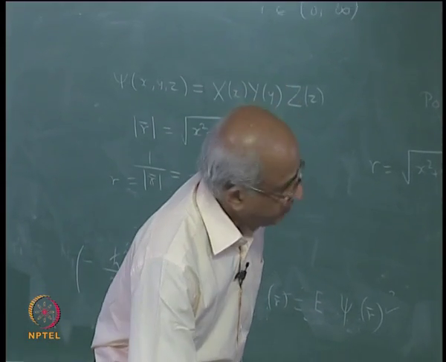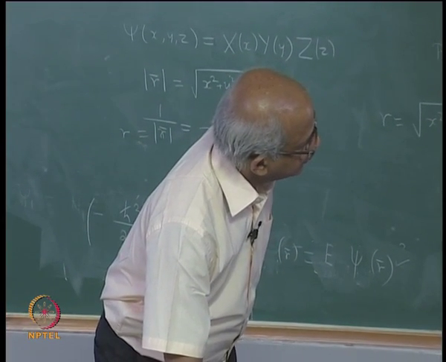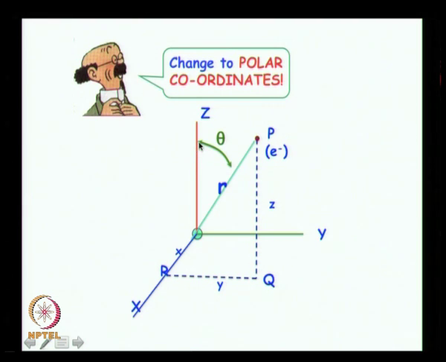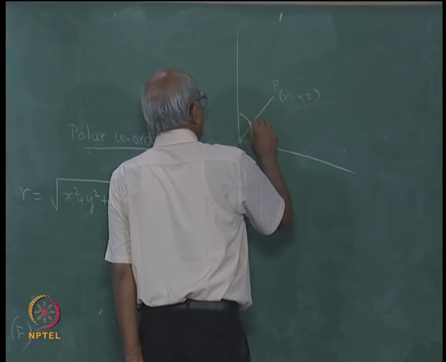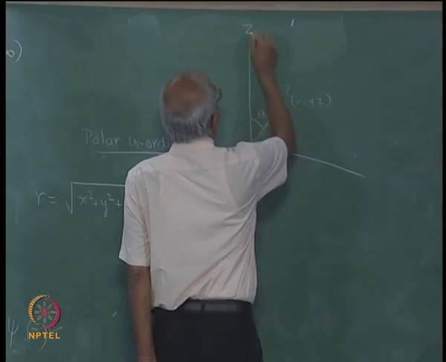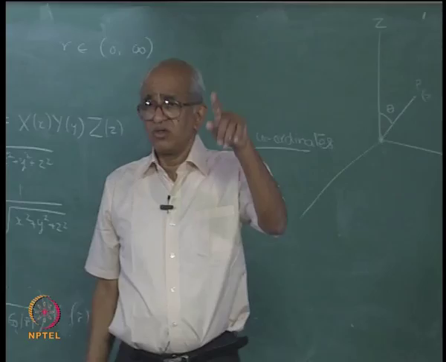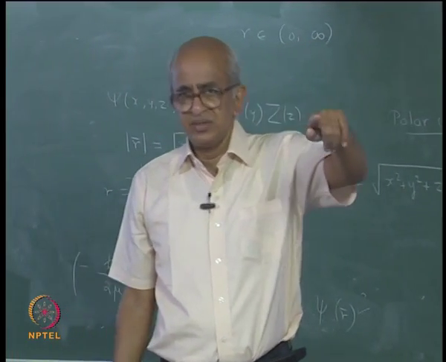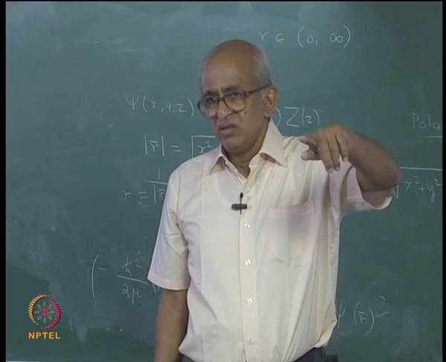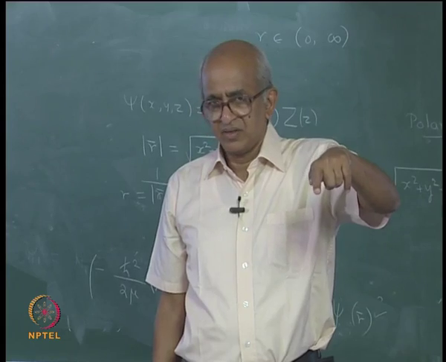One coordinate that you can use is this angle, the angle between the red line and the line that joins the origin to the point P. You can specify this angle theta, which is the angle between the positive direction of the z axis and the line that joins origin to that point P, correct.